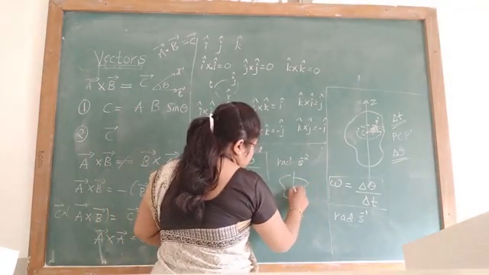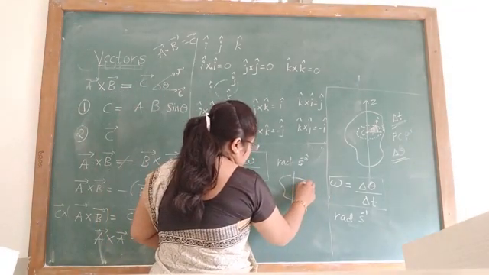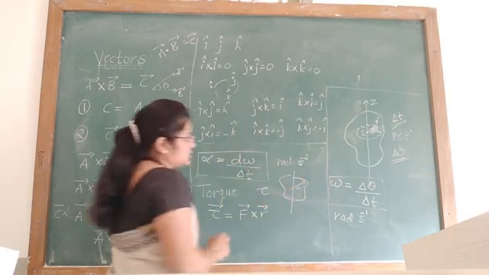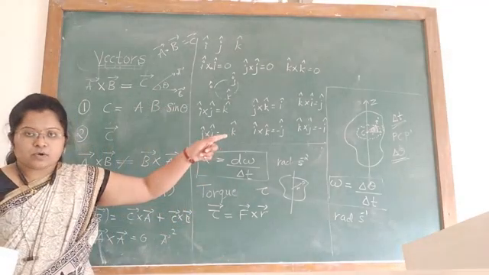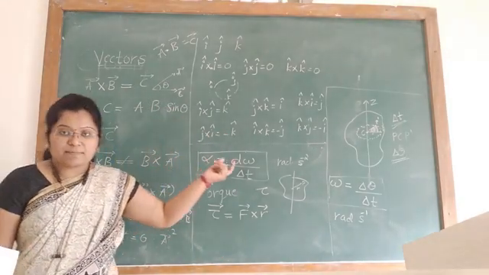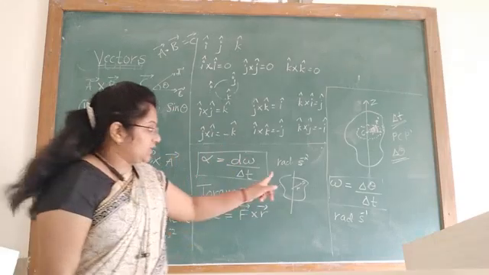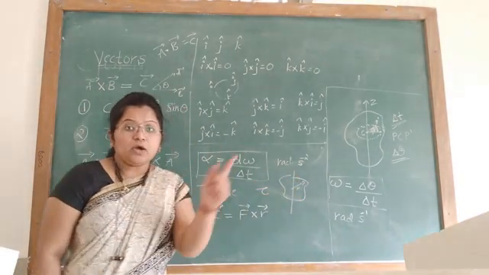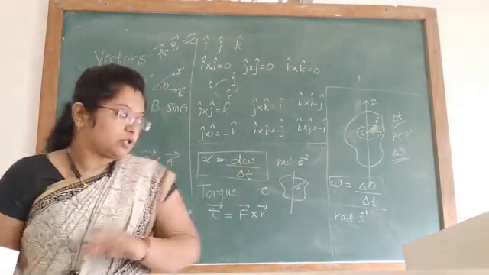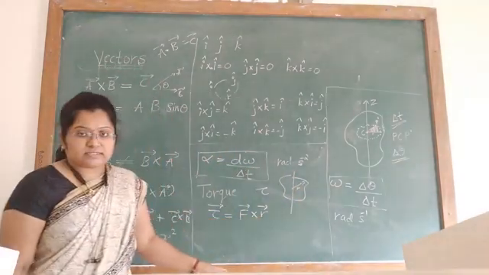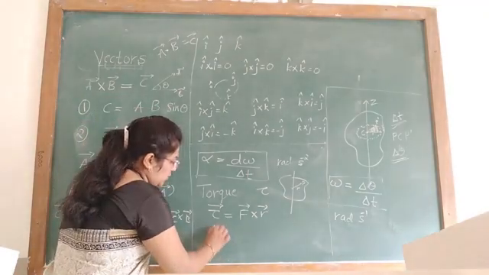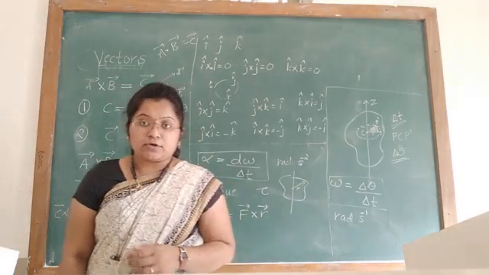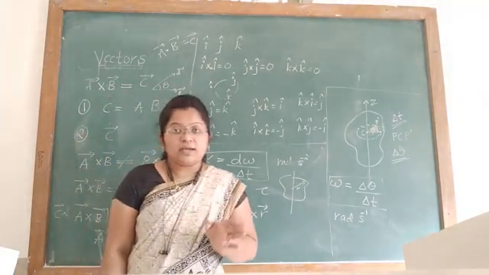If any object is moving, consider any point P and the center; from here we have the distance R. R is the distance of the particle from the axis, and that particle is showing rotational motion, not linear motion. So the SI unit of torque can be written as Newton meter.